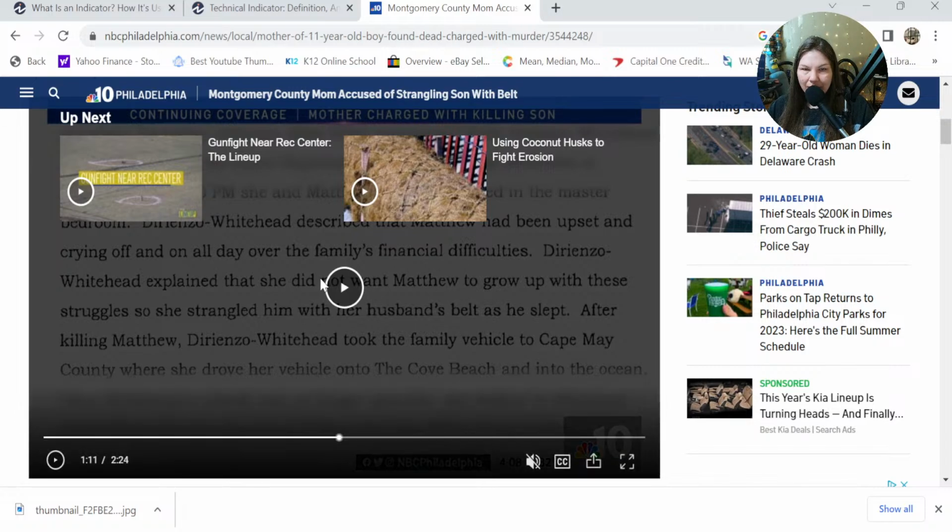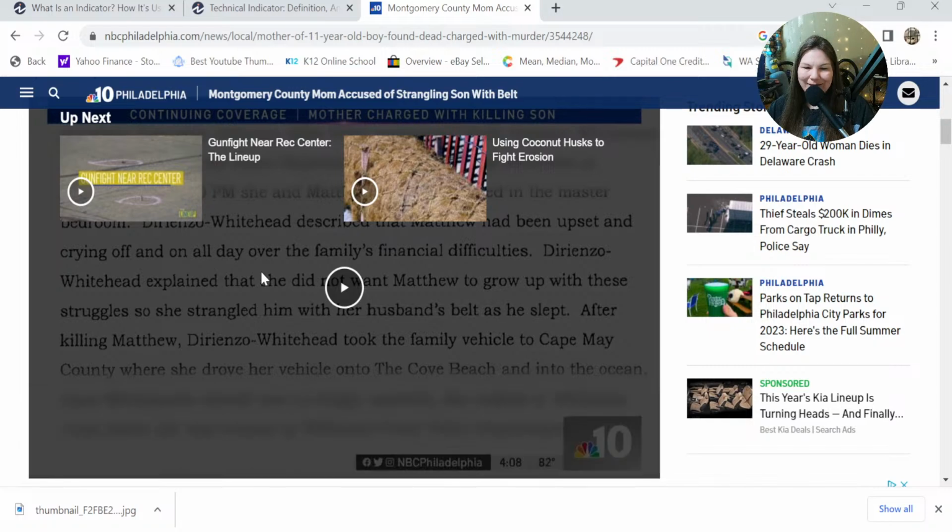And then money made her strangle him, and then she tried to drive into the ocean, probably to kill herself. Over money, guys. Don't let money do that to you. Fear and greed. This lady was so greedy and so fearful that she was going to lose her house and lose her car and lose all of her stuff that she strangled her son to death.